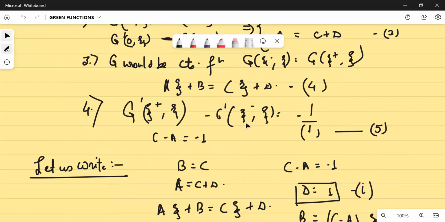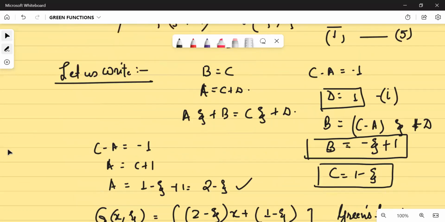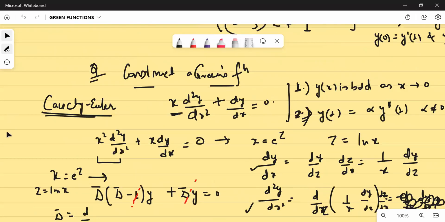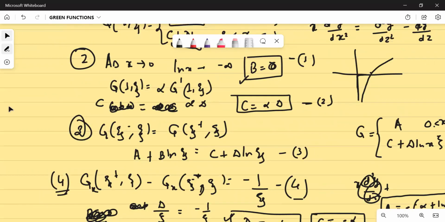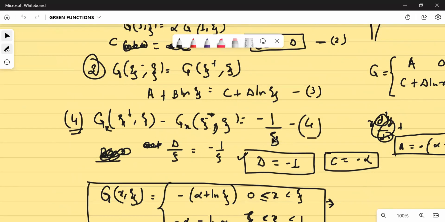Here it is quite evident, and quite inevitable also, since we've seen that whenever we were solving some differential equation which had something to do with the Dirac delta function, in all those differential equations your first order derivative suffered a discontinuity at the source of the Dirac delta function.